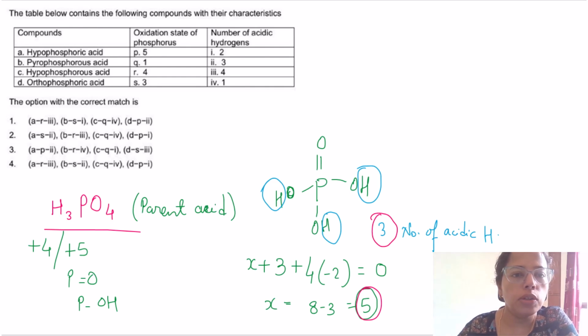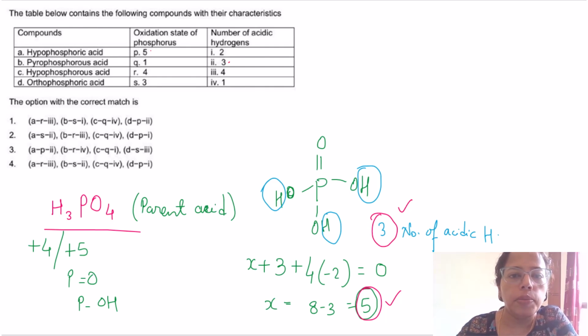Then we move on to hypophosphoric acid. First of all, we should attempt those which we know very well. We know orthophosphoric acid very well, H3PO4, and it is one of the options. Option D. Option D has 5 oxidation state and 3 acidic hydrogens. So 5 oxidation state means D corresponds to P, which has 5, and D also corresponds to 2, which has 3 acidic hydrogens.